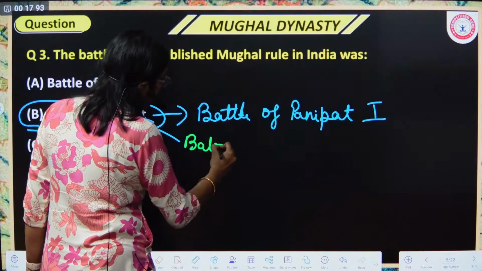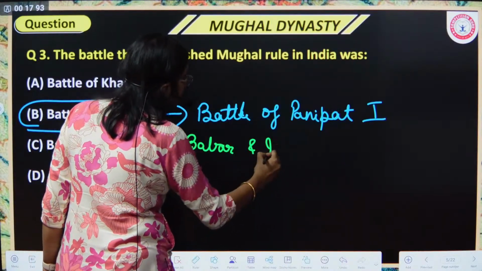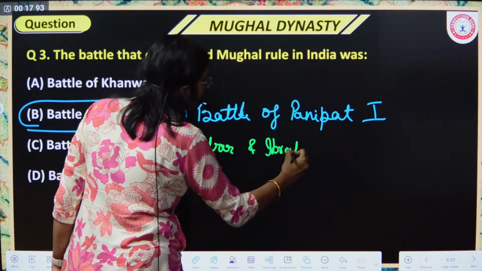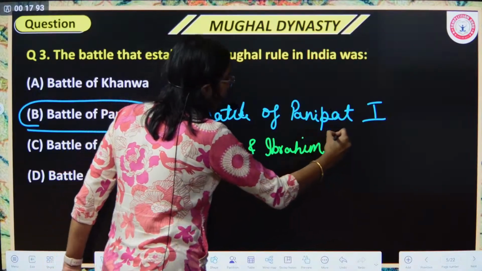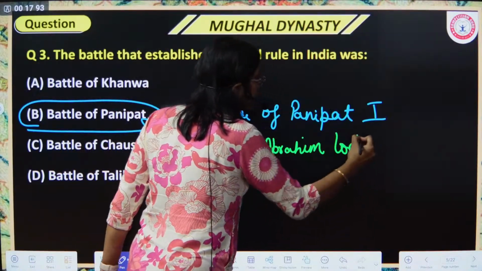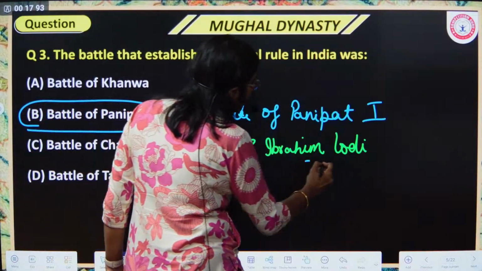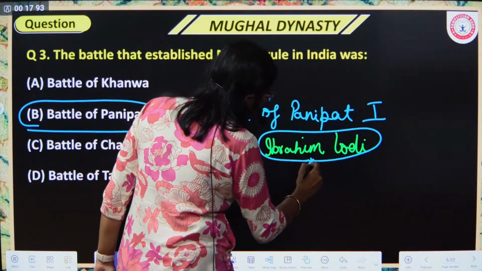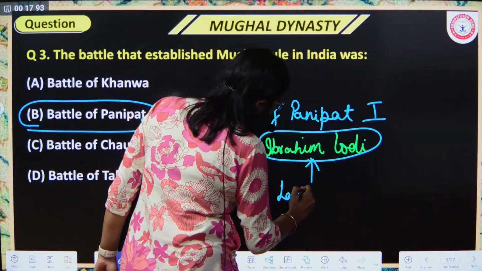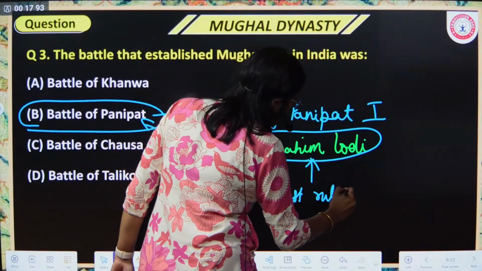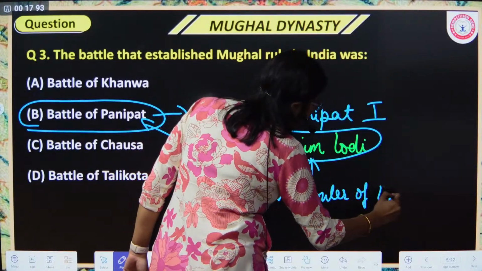Babur and Ibrahim Lodi. Ibrahim Lodi was the last ruler of the Lodi dynasty.